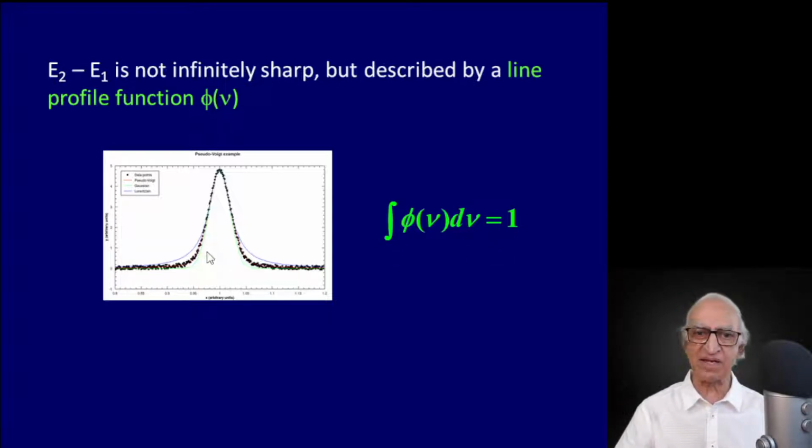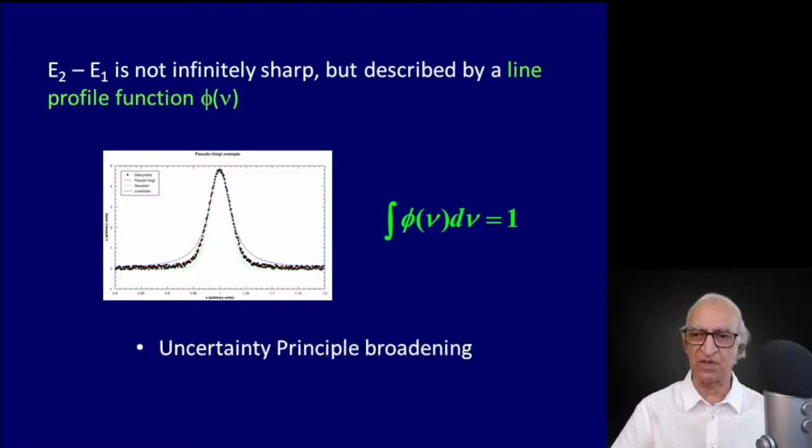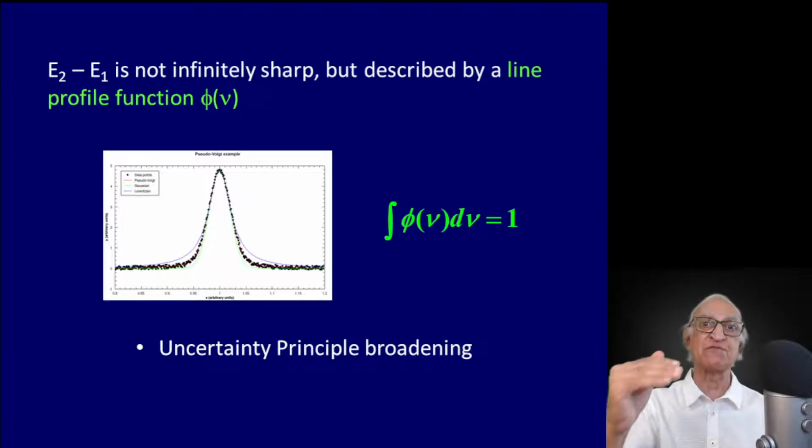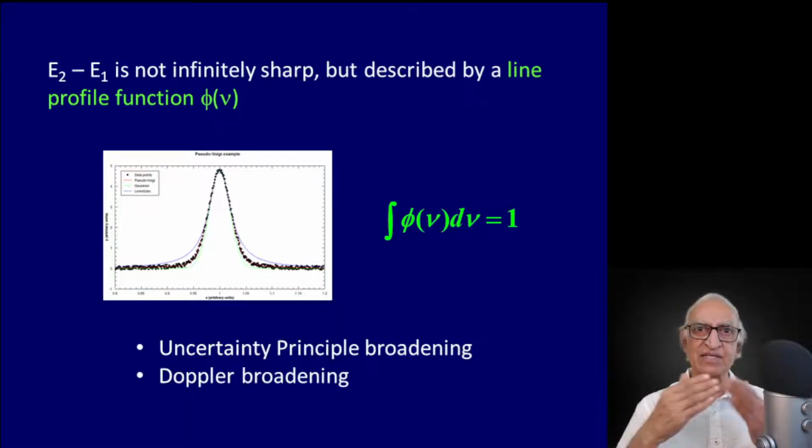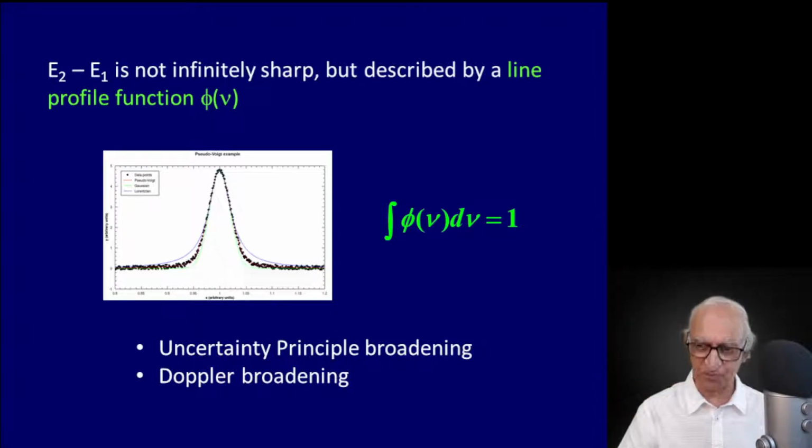Now, why does the line have to have a width? Why should the energy levels have to have a width? There are many possible reasons. One is the uncertainty principle itself tells you in a finite time you cannot measure the energy of a level to infinite precision. That comes from Heisenberg's uncertainty relation. Here the conjugate variables are energy and time of observation. Secondly, the atoms or molecules may be moving. Therefore, there is Doppler broadening.